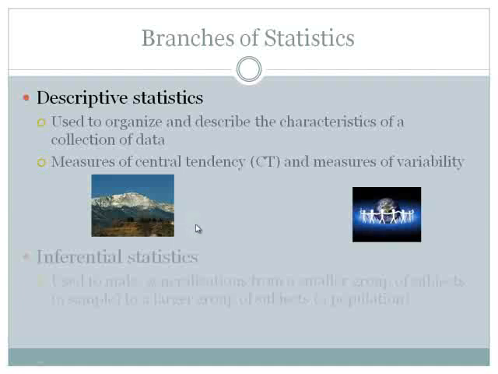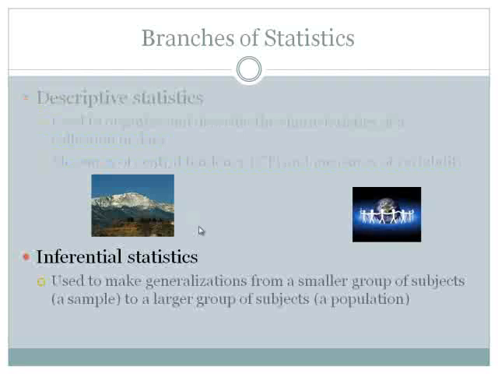The second branch of statistics is called inferential statistics. And you may have wondered on the previous slide why we would say that there's a branch of statistics, or one of the tools is it helps us make decisions with incomplete data, and that has to do with inferential statistics.